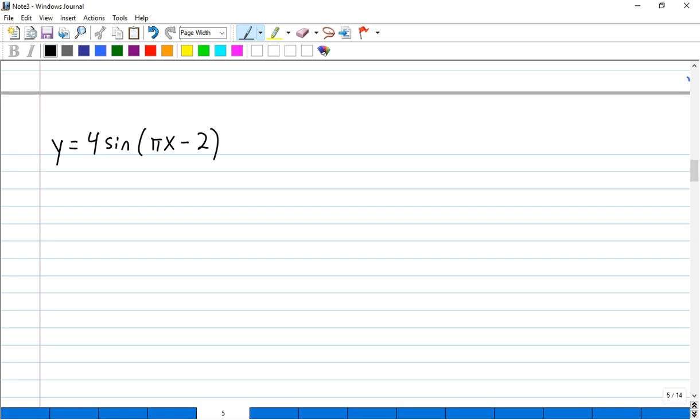This one is actually kind of tough, because what is our omega? Pi. So when we rewrite this, this is 4 times the sine of pi, and then factor it out. You have x minus 2 over pi.